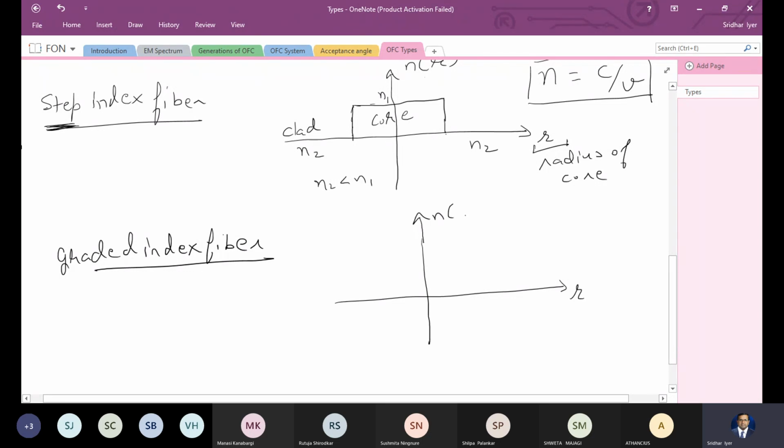If this is NR, then if I move from N2 to N1, so let's say I reach the core here at these points, then there is no step increase, rather the refractive index changes gradually like this, reaches a high point and then moves a little slow. This is N1.